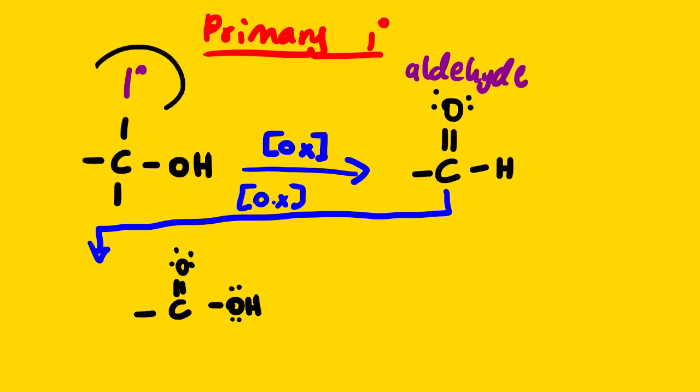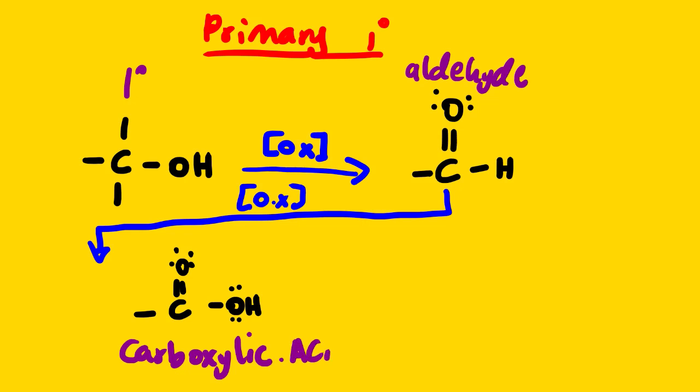So primary alcohols, you should know that they yield aldehydes, and then when we continue to oxidize aldehydes, we form carboxylic acids. So whenever you think about primary alcohols, think about aldehydes and carboxylic acids.